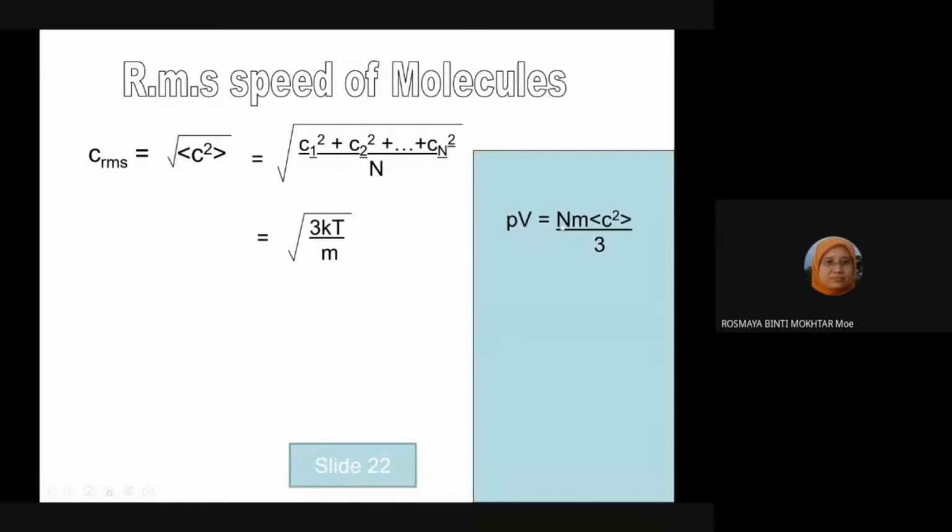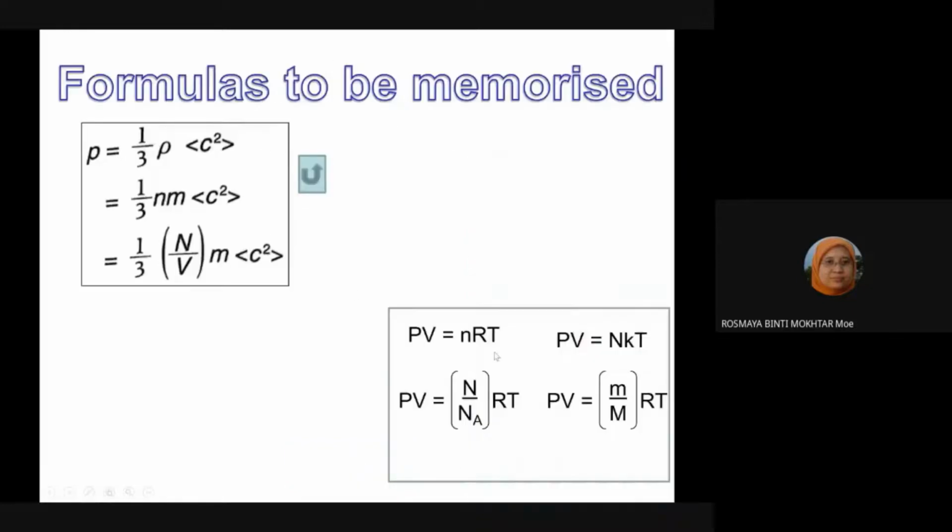So PV equals capital N m mean square speed over 3. Understand where this comes from? From the previous discussion, from the three equations of pressure, we choose one and just cross multiply V. And then from the previous lesson, we use PV equals NkT.